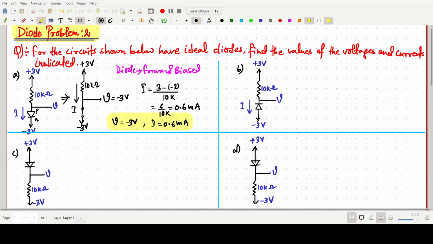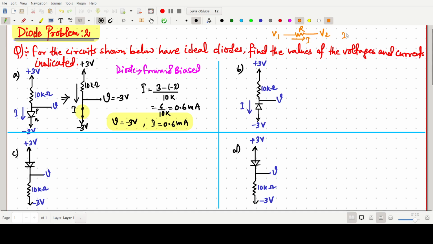Very simple. This one is sorted, okay, because the diode is in forward bias. For more detail, like why we are writing this, I am just mentioning here, if some resistor is there, this one is V1 potential, this one is V2 potential, and this one is R, and some current I is flowing.